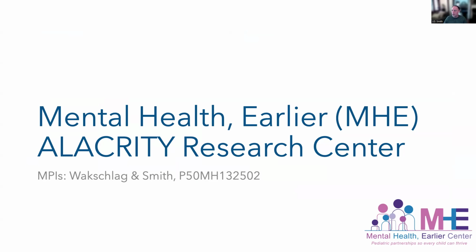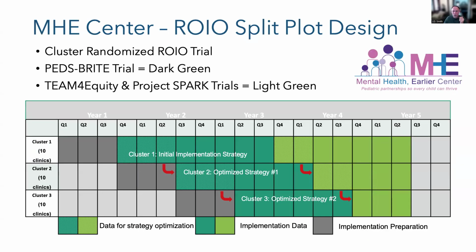I also co-lead a P50, an ALACRITY research center called the Mental Health Earlier Center at Northwestern with my colleague Lori Wachschlag, where we are testing a ROIO split plot design. So this is essentially an intervention, or an implementation strategy, that starts in the green. And then after a period of time, we have additional implementation strategies that get brought in.